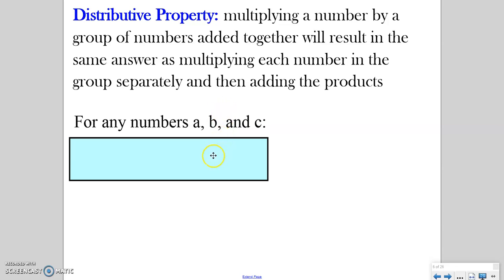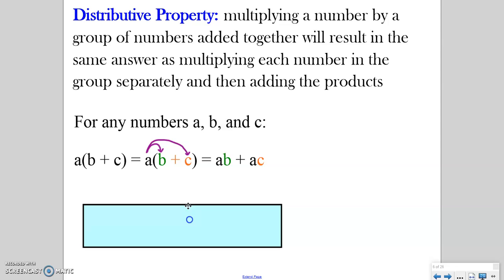Sounds like a mouthful, but for any numbers A, B, and C, A times (B plus C) equals, basically you're distributing the A with the B and the A with the C, and you get A times B plus A times C. So you're multiplying a number and a group of numbers, and that will result in the same when you multiply it separately. So this separately with this and you add the two. So that's what the distributive property is.